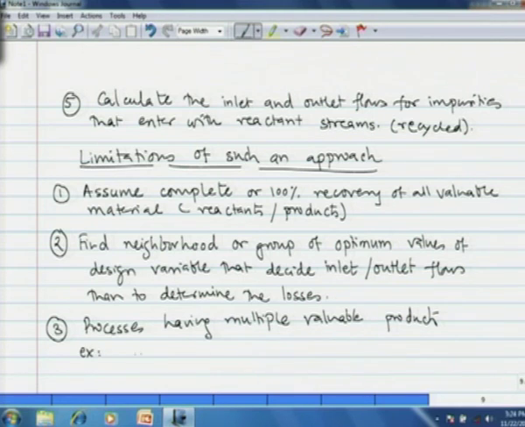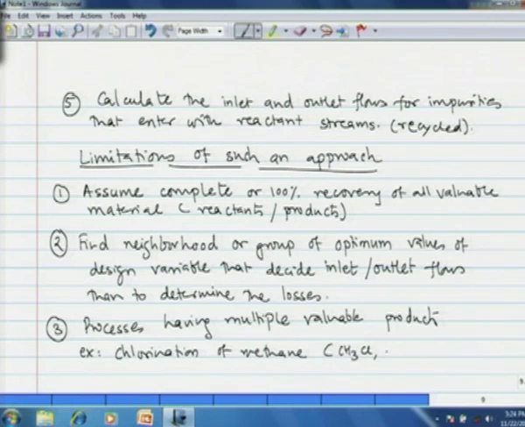Example is chlorination of methane, where successive substitution of hydrogen atoms in methane by chlorine gives rise to 4 products: methyl chloride, methylene chloride, chloroform and carbon tetrachloride. All of these 4 products are valuable. In such cases, we have to decide first the product distribution and then start the material balance.